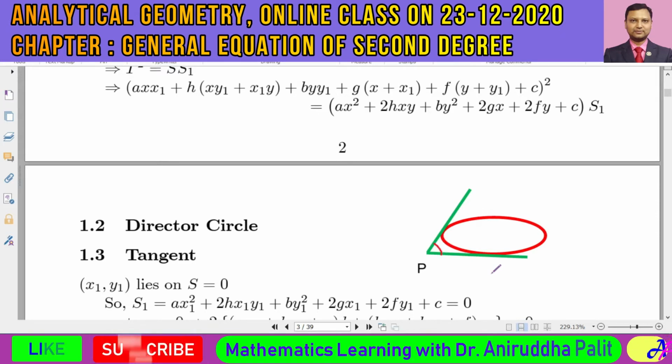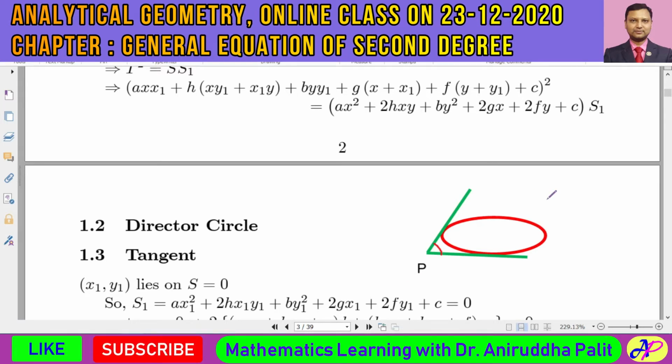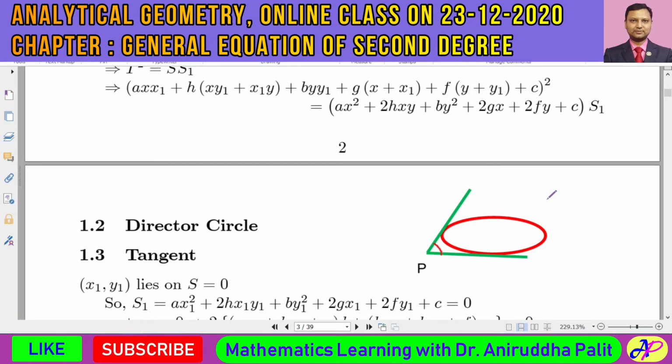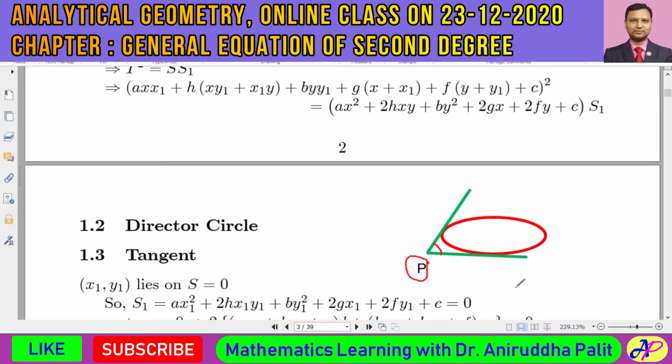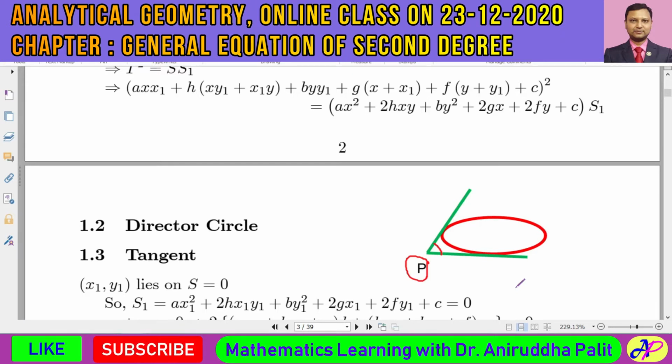Particularly if this angle in between the pair of straight lines becomes equal to 90 degrees, in that case it can be proved that for a central conic the locus of the point P represents a circle. That particular circle is called the director circle.